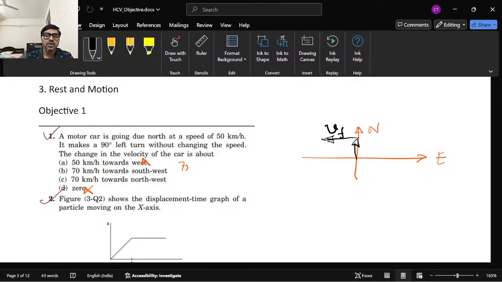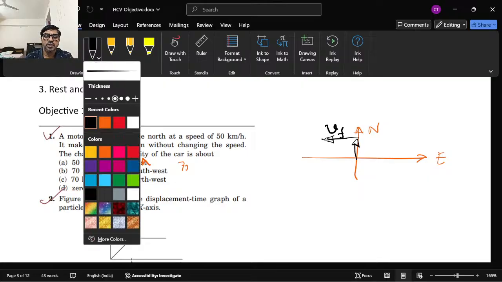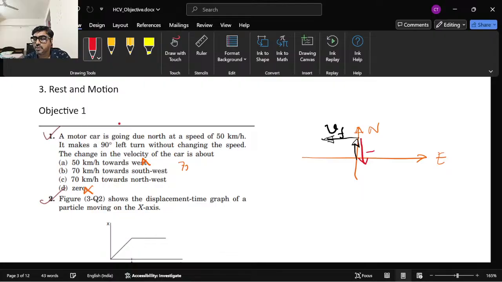Reverse the direction of initial velocity, minus V initial. And then find the resultant of that. That is going to be the direction of delta V. So what is the direction of it? So this is west, and this is south. It is between west and south. So southwest, that should be the answer. Okay. I hope you understand that.